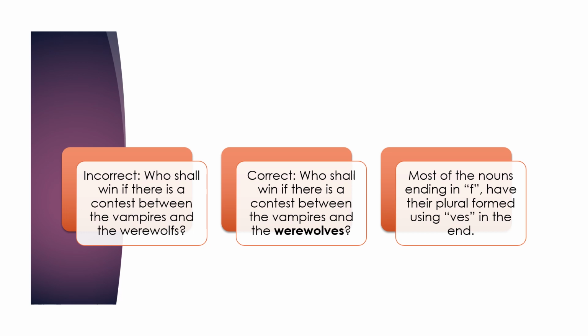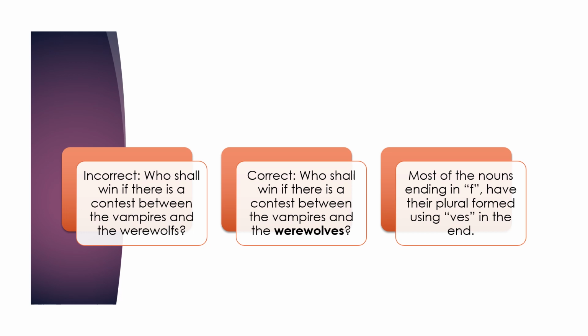Likewise, you may have errors in the sentence that may not be very visible. Now, if you read the sentence very carefully, you will see that werewolves has been written incorrectly. How is it written? It is written as WEREWOLFS.